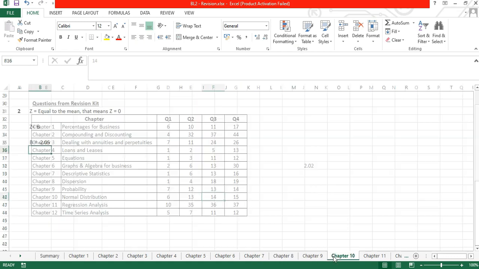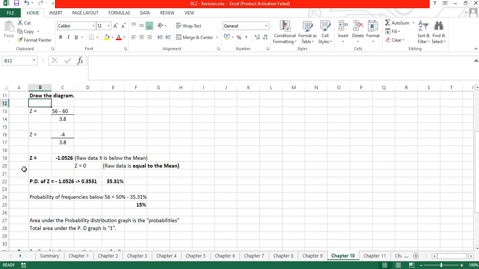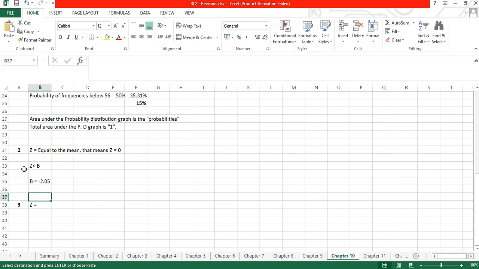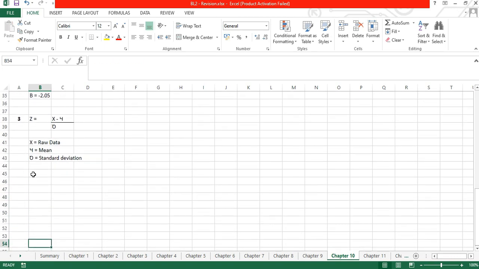So it is around the same thing. Let's see. First of all, we should again remember our z-score formula, which is this: the raw data minus the mean divided by the standard deviation.